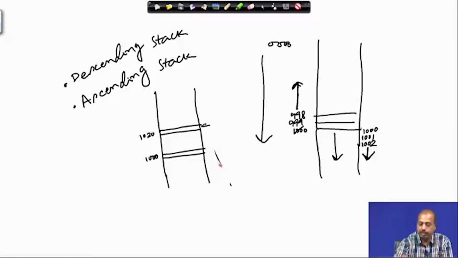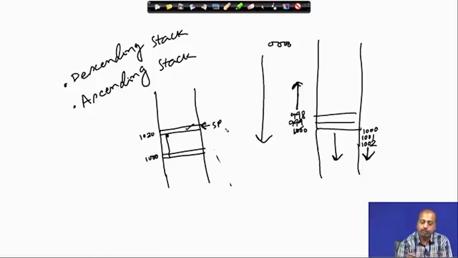If the stack pointer is there, I can have two possibilities, so it may have two meanings. One meaning is that the stack is actually full up to this much, and the next push operation will be filling up this location. So, wherever the stack pointer points to is an empty location, and the next push operation will put the data there.